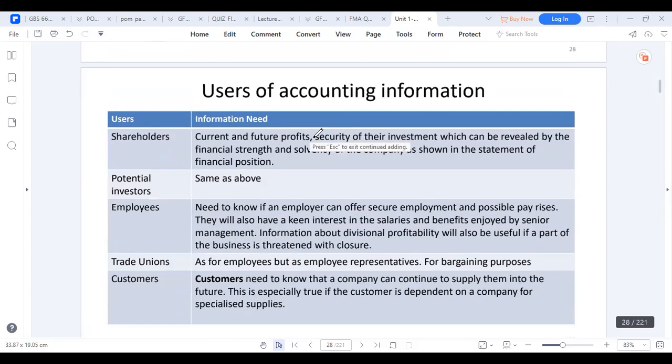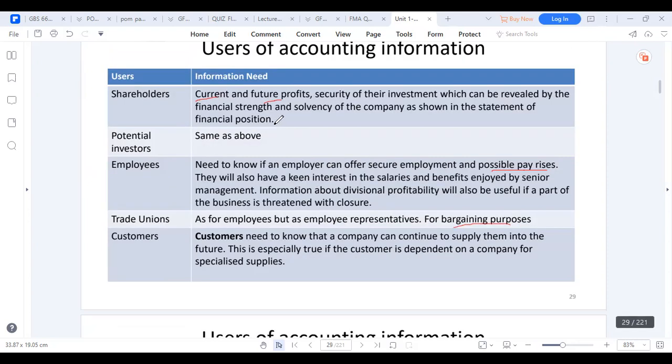So to start with, the shareholders here want to know the current and future security of their investment in terms of shares. Potential investors, same, they want to say, if we invest in here, how strong is this company able to maintain our investment? The employees, they need to know the security of their pay rise. Trade unions also want to know their bargaining position to increase salaries.